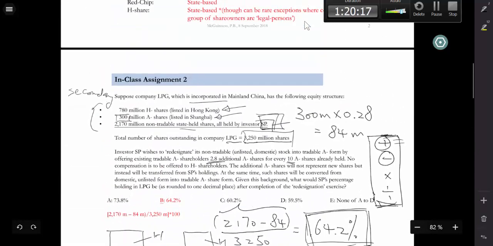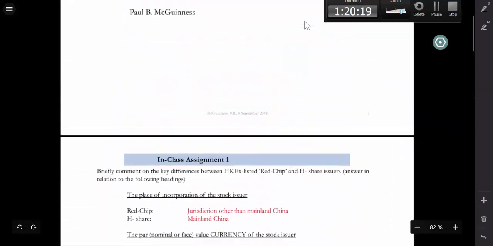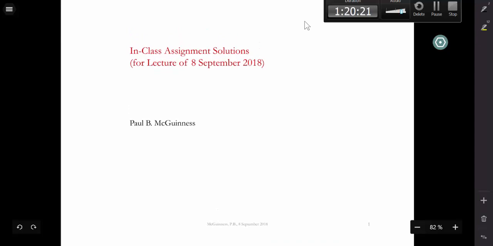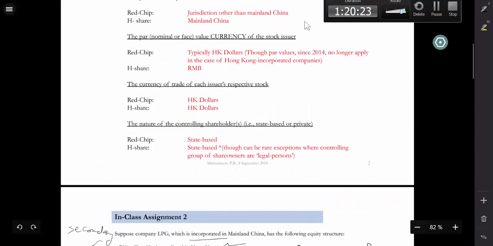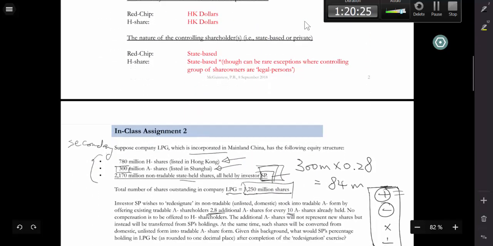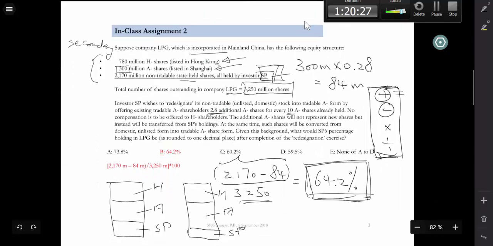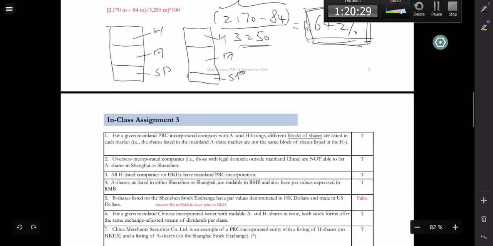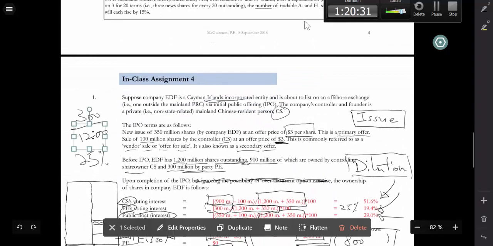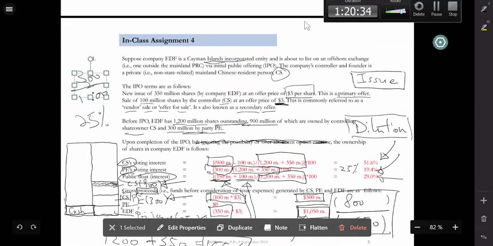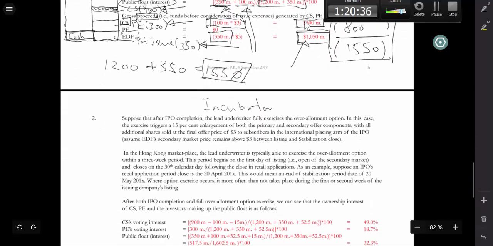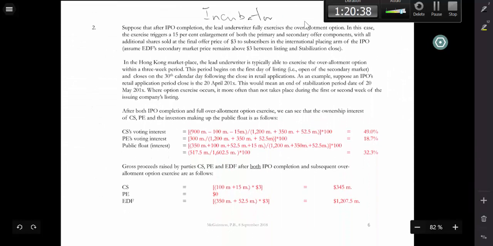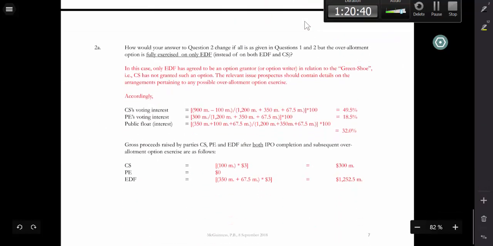Last time we got up to, so I won't go through these, they're too simple. We already did in-class assignment 2 and in-class assignment number 4. But there is actually a second part to it. There's a part 2, there is a part 2A.